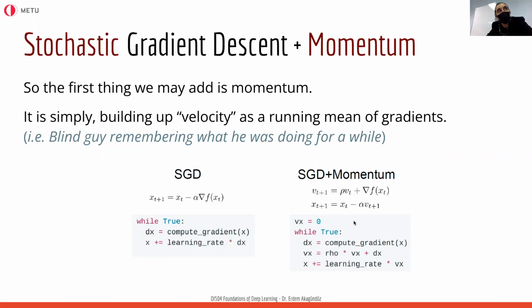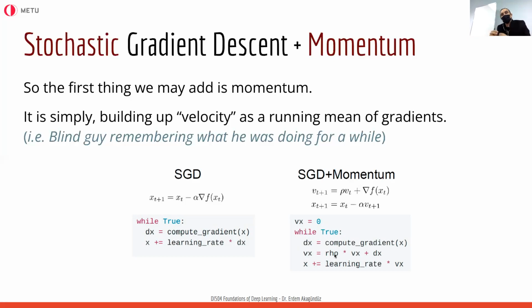In stochastic gradient descent, the step size is the learning rate times the slope. Let's call it Vx. We put a running average of it. So Vx is calculated with a running average where this rho is a number between 0 and 1.